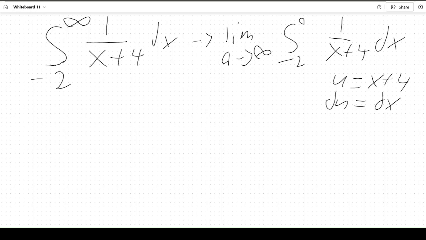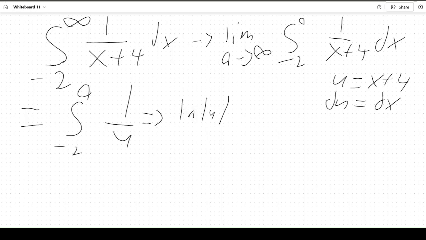So this would be 1 over u, and we know that the integral of 1 over u would be ln u, so this would be ln u from -2 to a. We plug our u back in, so x plus 4.